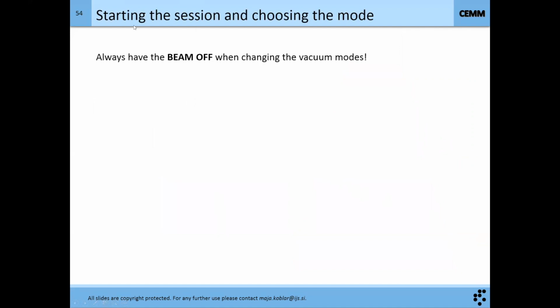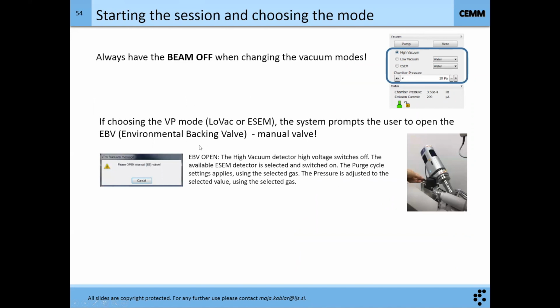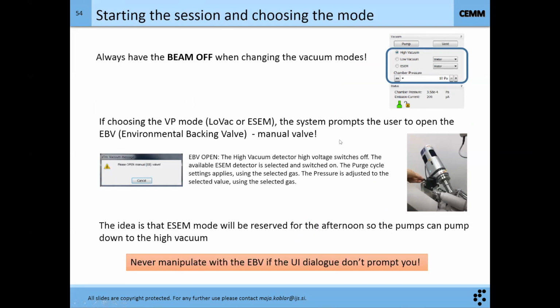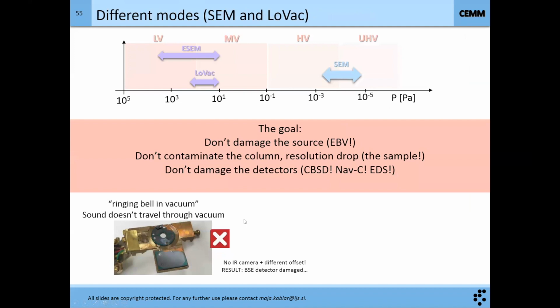Before you start the session, you always check that the beam is off. We will do this in the training. The goal for the training will be not to damage the source, the manual valve for the low vacuum, not to contaminate the column, and not to damage any detectors.